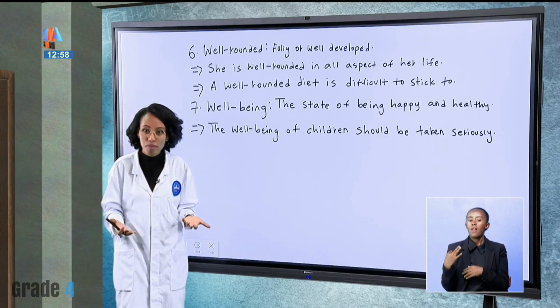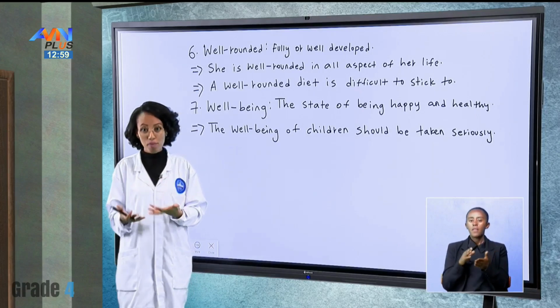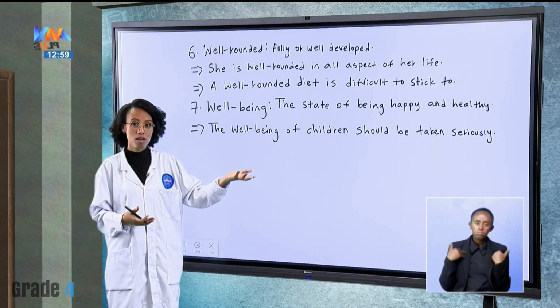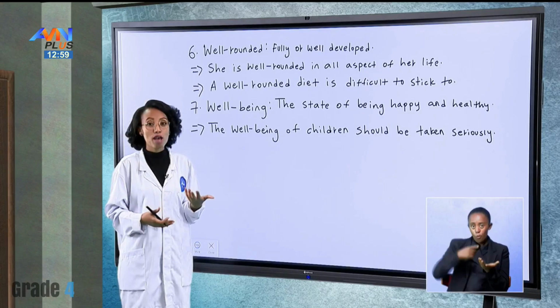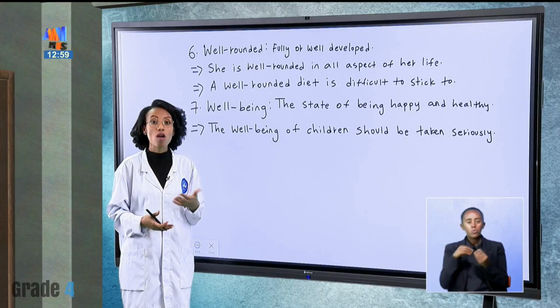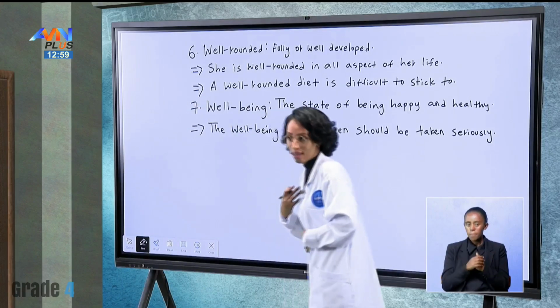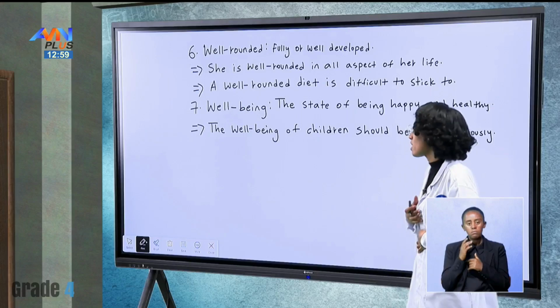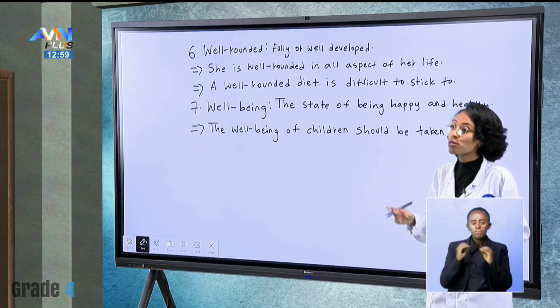People who are happy, they are productive. People who are happy bring positivity into their surroundings. And people who are healthy are also productive. Let's say you are sick today. If you are sick today, you cannot produce anything. You cannot do your activities.